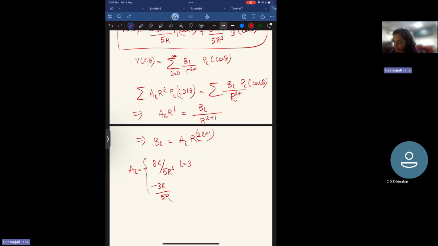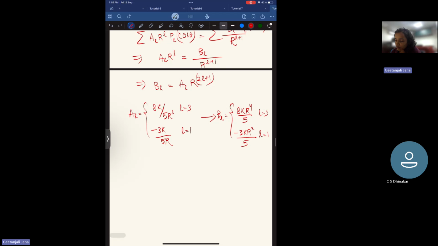L is 3 or L is 1, or otherwise 0. So that means B_L is 8K R^4 by 5 when L equals 3, or minus 3K R^2 by 5 when L equals 1, otherwise it's 0.